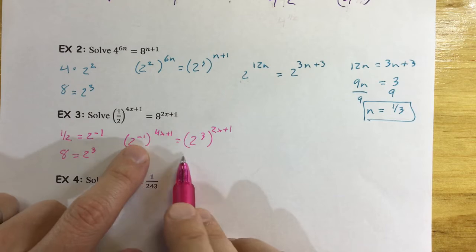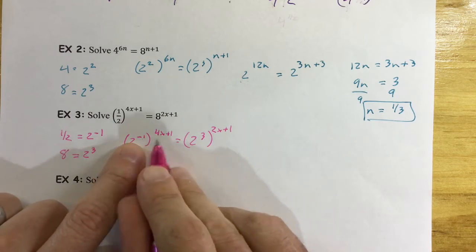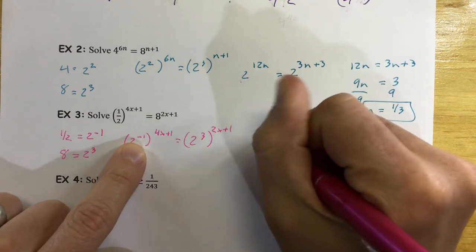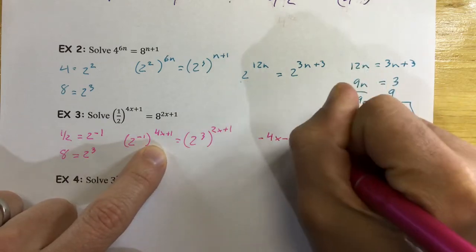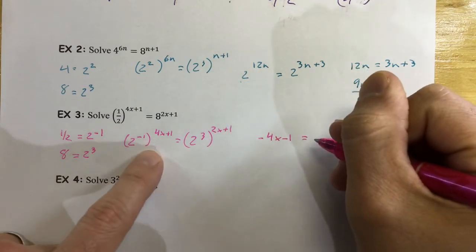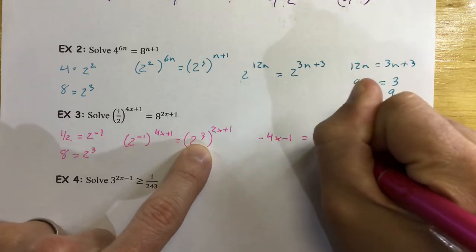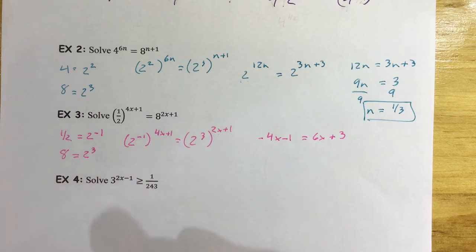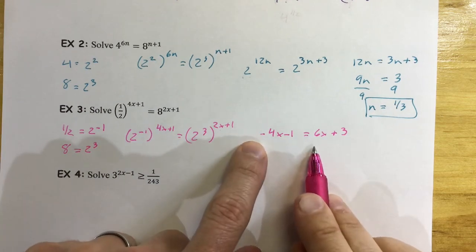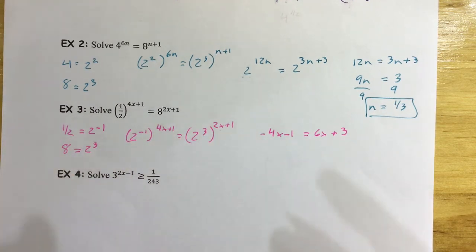So I'm going to go ahead and do it that way in this problem. I'm going to multiply the -1 in. So that'll give me -4x minus 1. And I'll go ahead and just say that that exponent is going to be equal to 6x plus 3, the product that we have here. That way I'm not writing the 2's and then just removing them immediately, because it's all about understanding where we're trying to go in problems.